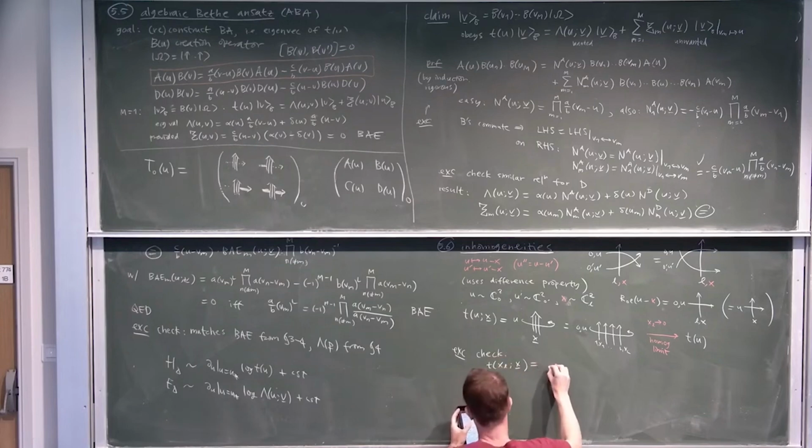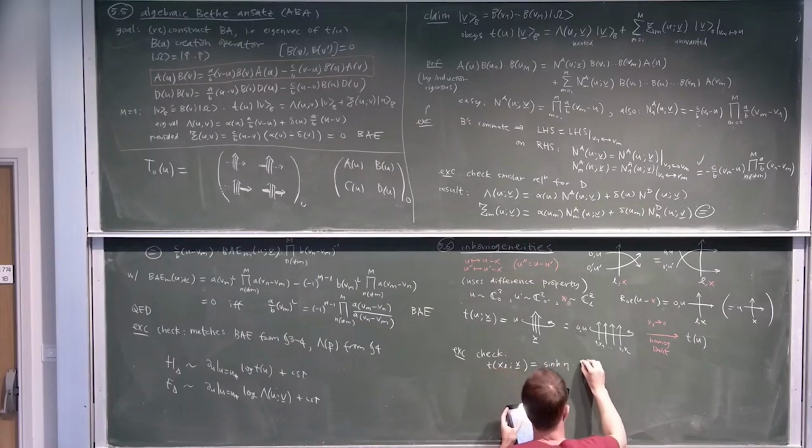So the exercise is to check that this equals h of eta times a big product of R matrices.